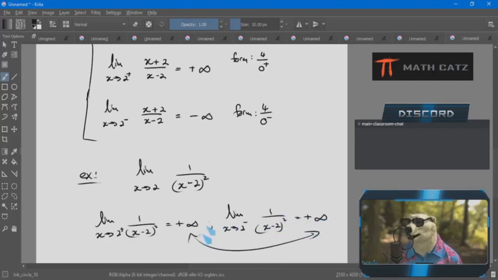That behavior is the same, and then I can say, okay, there is consistency between the two. They behave the same way regardless of which side I'm coming towards. And I can then merge them into a two-sided limit because the behavior is the same. They agree with each other.